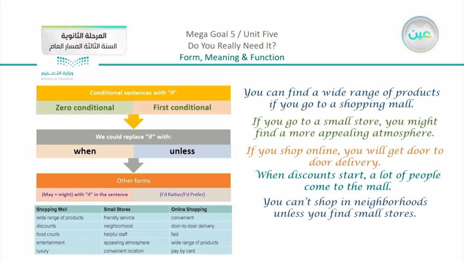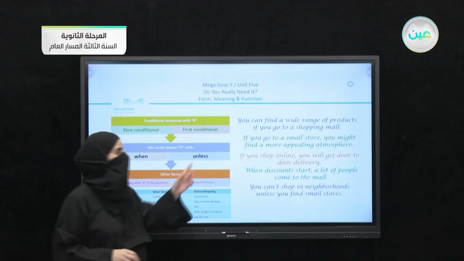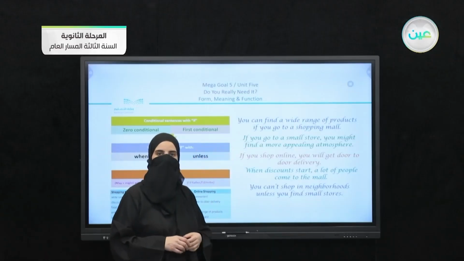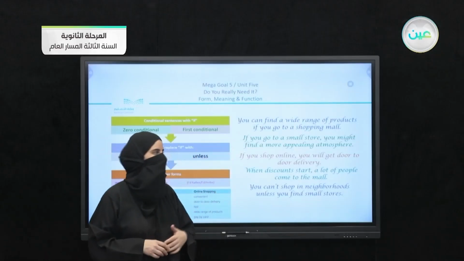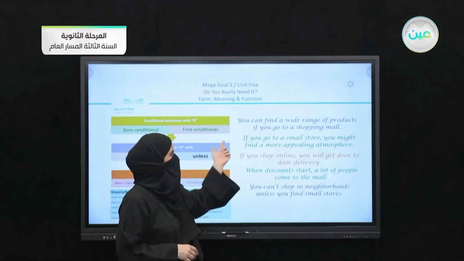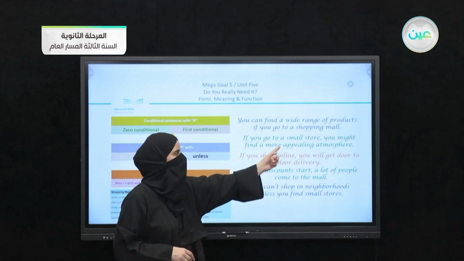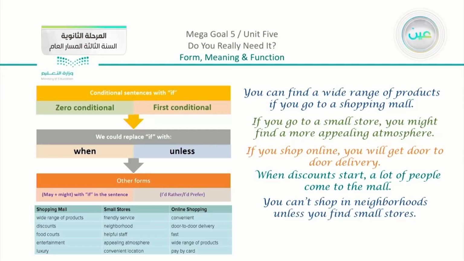Now here in these sentences, you can see in the first sentence that I have the if clause in the second part of the sentence, and there is no comma. In the second sentence, we have the if clause at the very beginning, and we did have our comma in the middle of the sentence. After that, you can see that we also have the other part. We have the first conditional sentence using will.